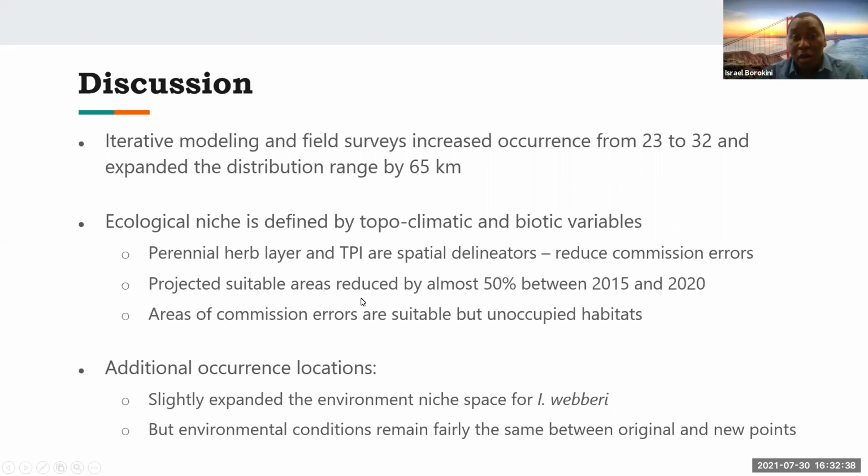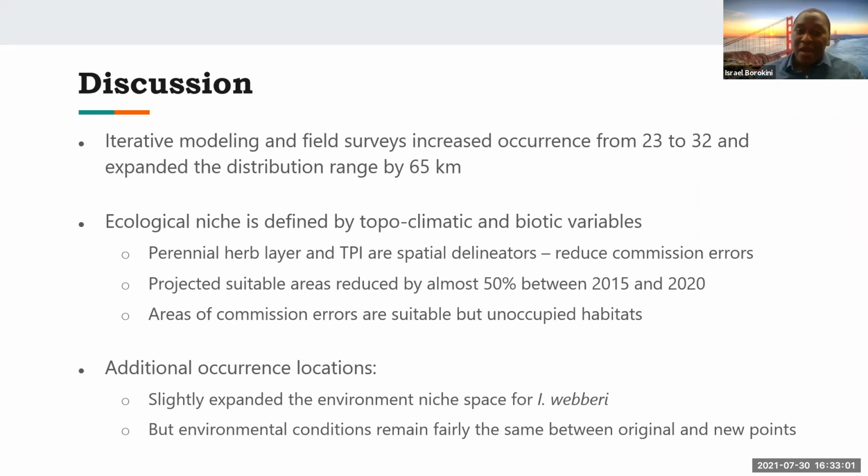Another important thing to bring out from here is that areas that are predicted to be suitable, but where you didn't find the species, may not necessarily mean that the area is not suitable for the species, but the species is rare for a reason. Maybe it doesn't have enough dispersal capacity to reach those new areas.